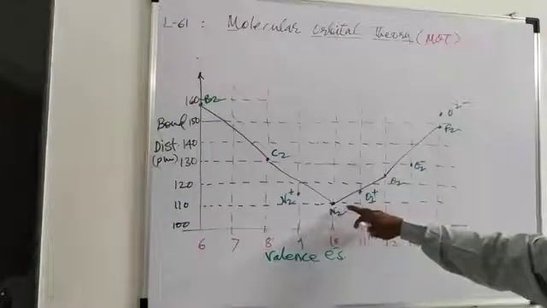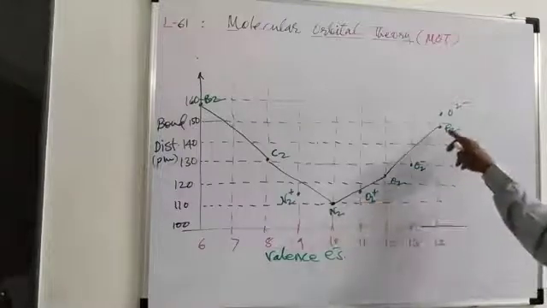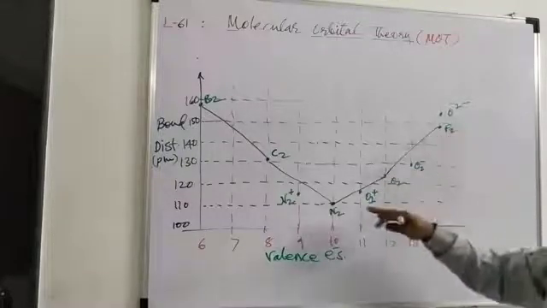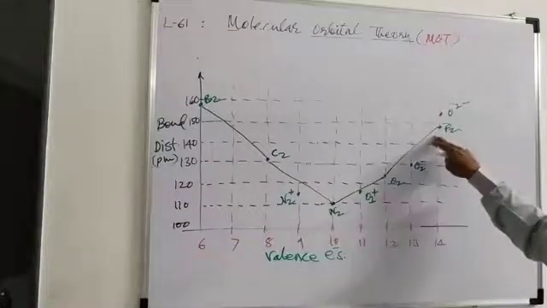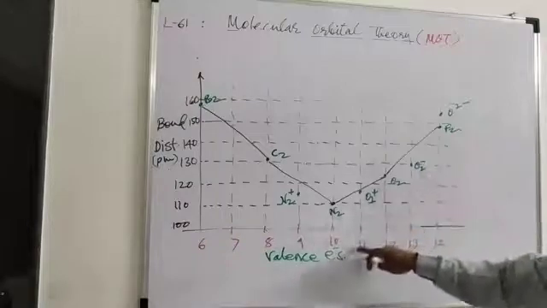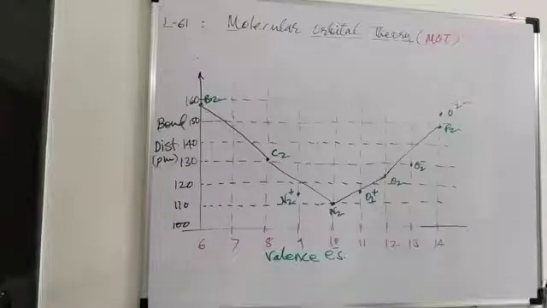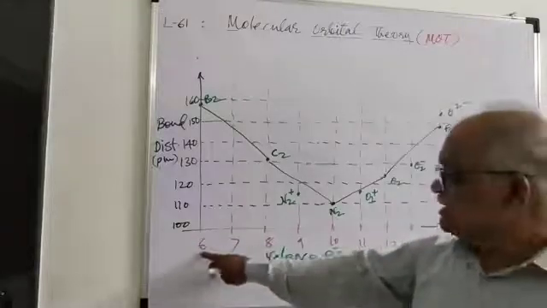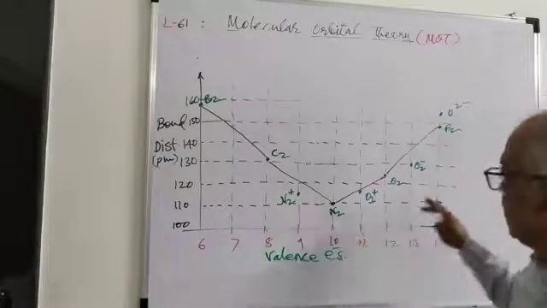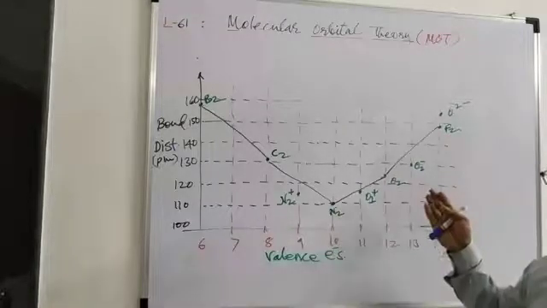So with the decrease in the bond order, with increase in the bond distance, you will find that the bond order also decreases and bond distance increases. This is because every new electron enters into the antibonding molecular orbital. So this shows the effect of the valence electrons moving from nitrogen to fluorine into antibonding molecular orbitals.